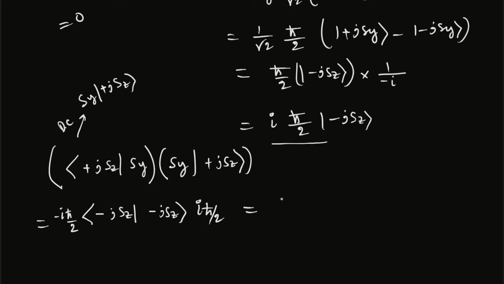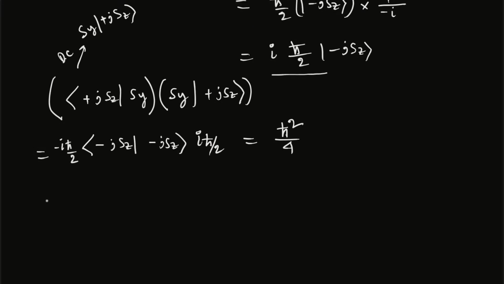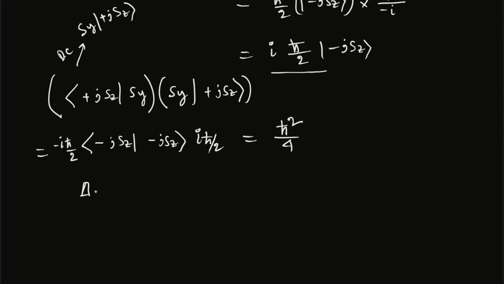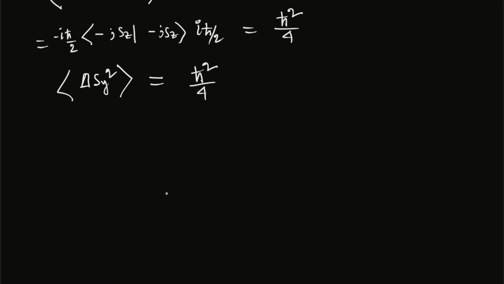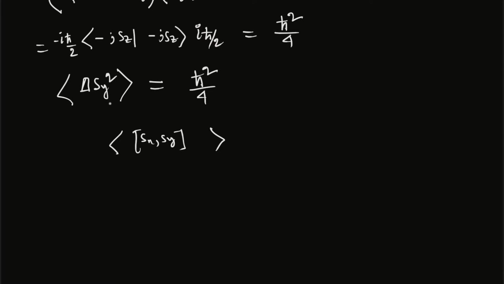So we will get ħ² by 4. So the expectation value of Sy square on the state |+z⟩ will give ħ² by 4.